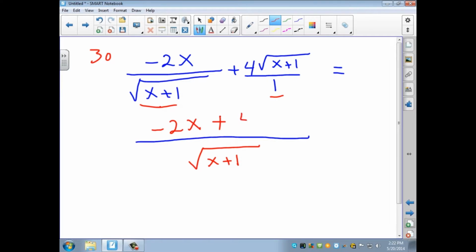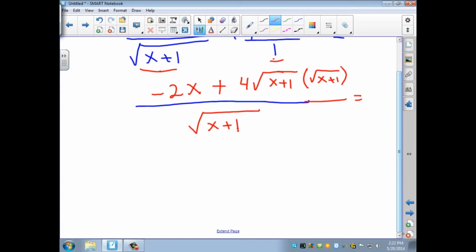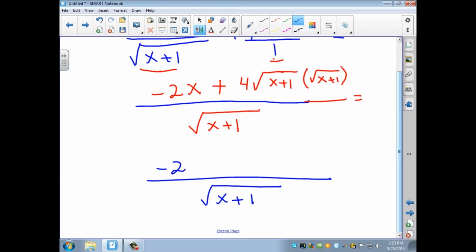Then you have 4 square root of h plus 1 here already, then this common denominator divided by 1 would be a square root of h plus 1. Therefore, this would have to be multiplied by square root of h plus 1 again. Equal, the common denominator, write it again, square root of h plus 1, minus 2h in the numerator.